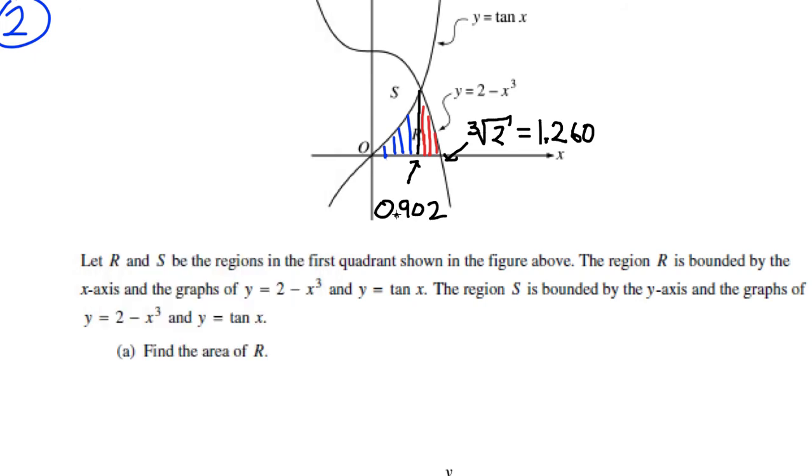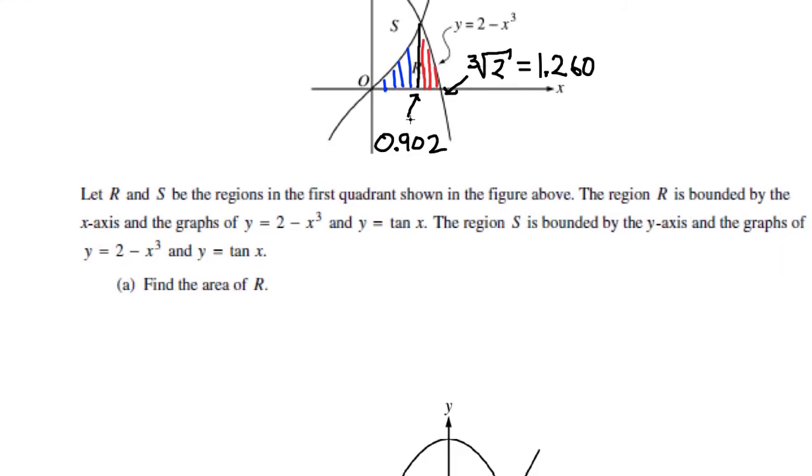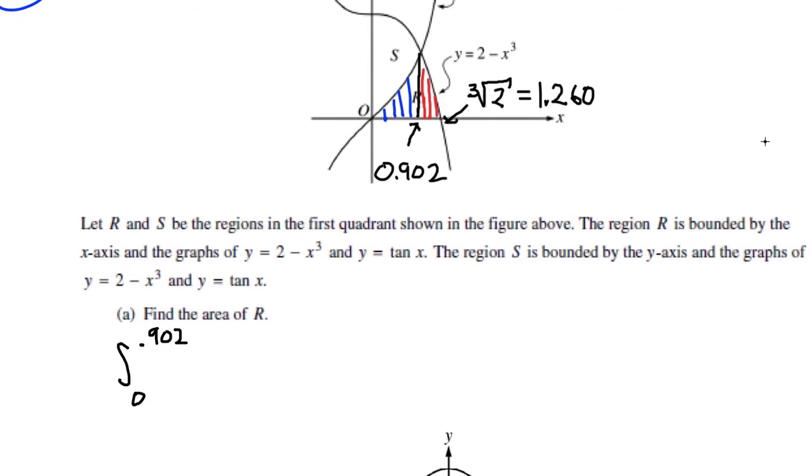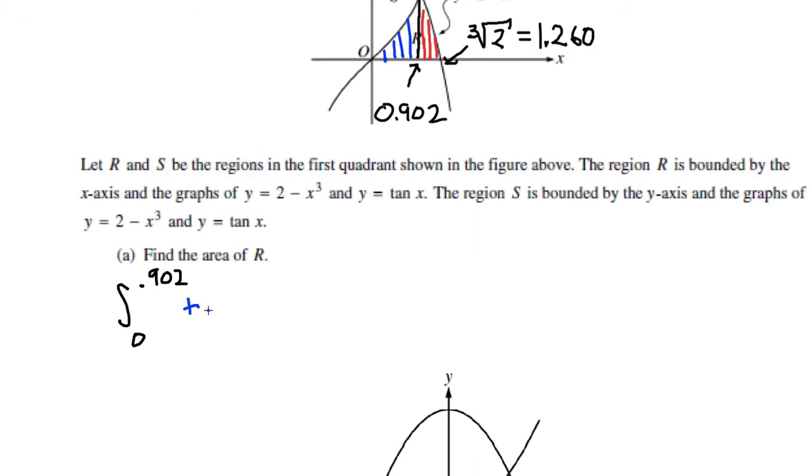Mm-hmm. 902, okay. All right, so now that I'm actually finding this area, okay, I'll get back to it later. This is now going to be the integral. I can do a slightly better integral. Integral between 0 and 0.902 of our blue function, and that is going to be our tangent of X, tangent of X dx, and I guess I can make all of this blue to kind of color code this better.